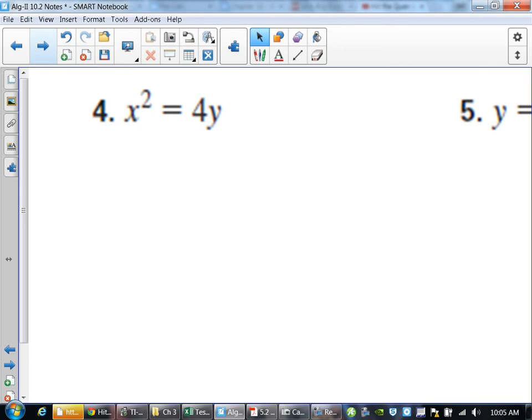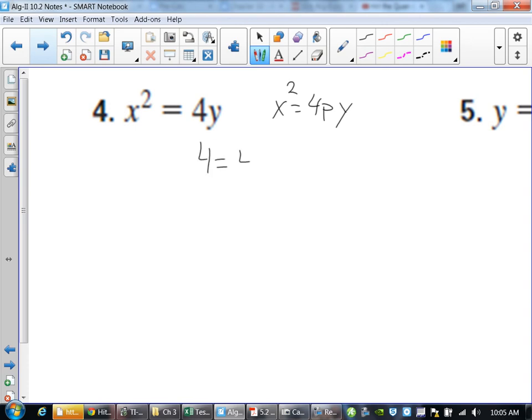It's already by itself, so I don't have to worry about anything. The generic form is x squared equals 4py. Therefore, 4 has to equal 4p. What's your p value? 1. The p value is positive, so is this up like a cup or down like a frown? Up like a cup.